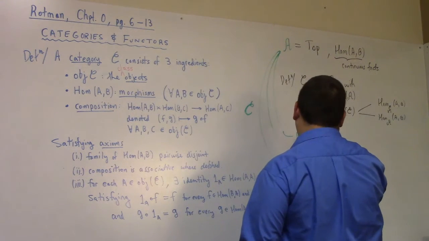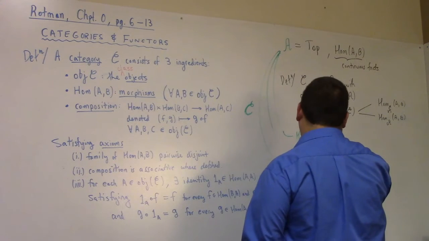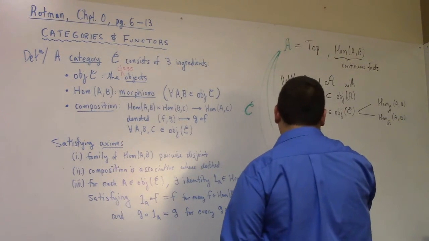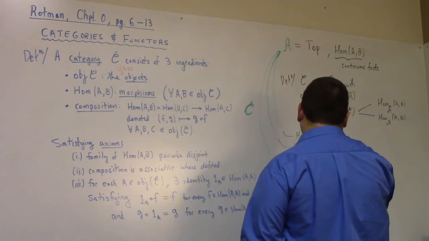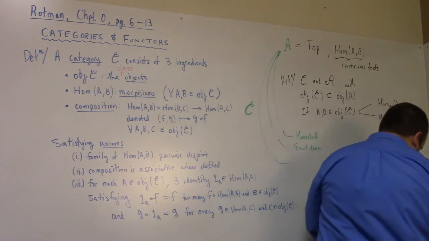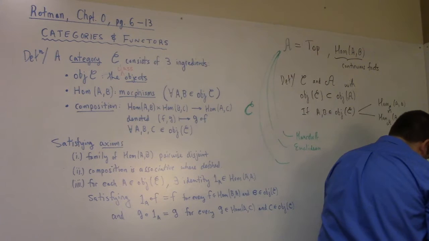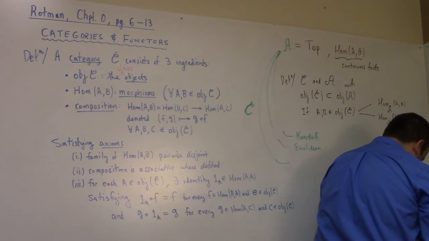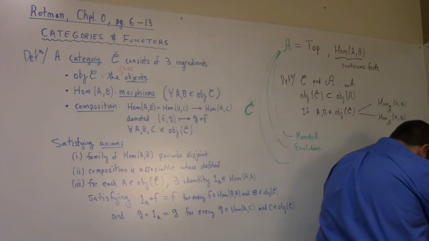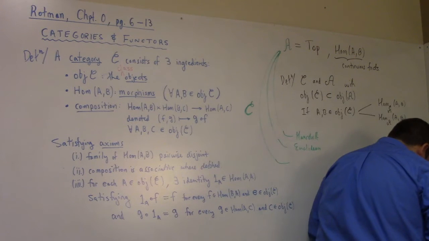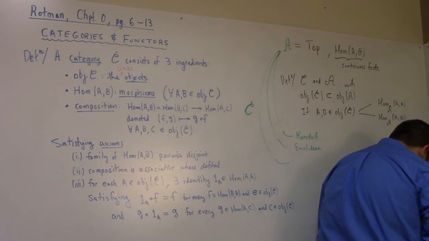Like you said, Hausdorff spaces. I think you list Euclidean spaces as another category. There's a truckload of them. Compact spaces, and so on.